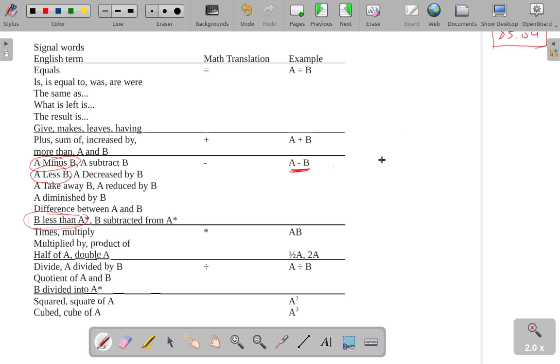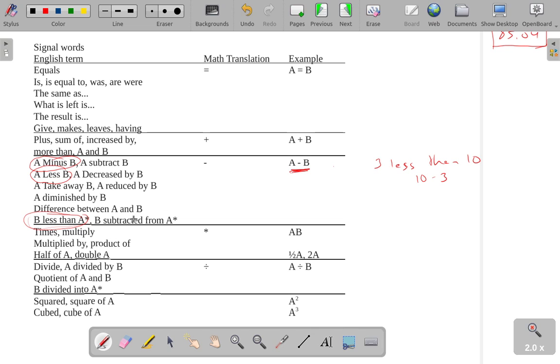If you need some convincing, just think of 3 less than 10. If I say 3 less than 10, this means 10 minus 3. It swaps the word order there. We're taking this number away from this one. So we're starting with a 10, subtracting 3.